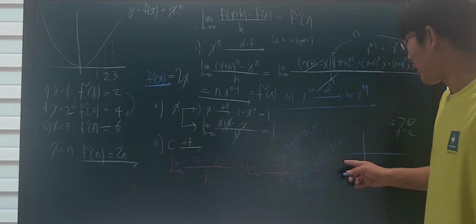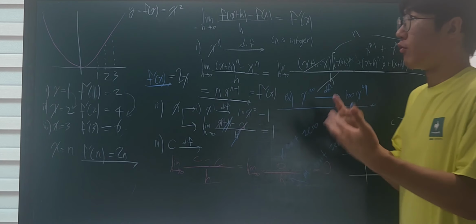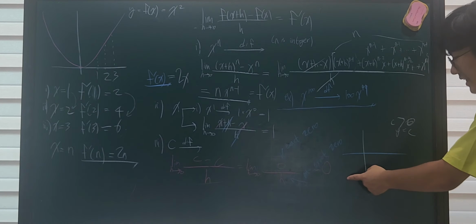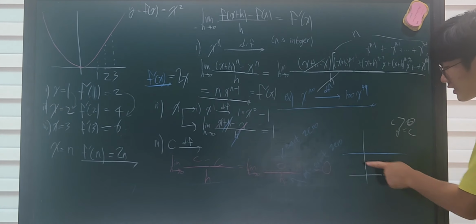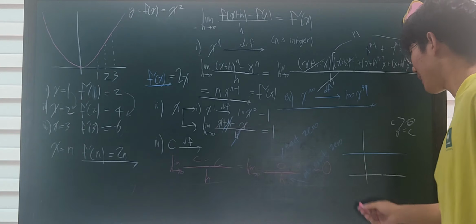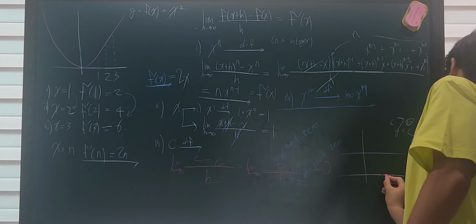So no matter at every point of x, its instantaneous gradient is always equal to zero. So therefore, your derivative function will always be equal to y equals zero.